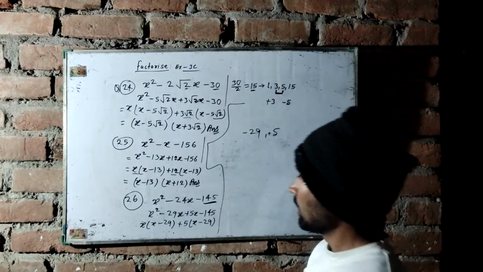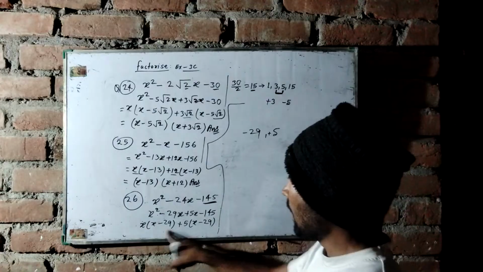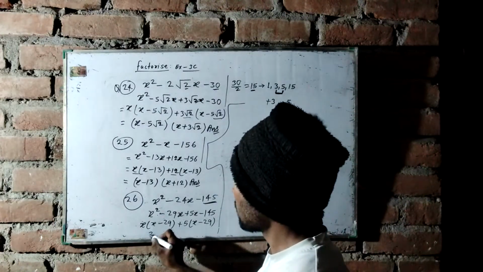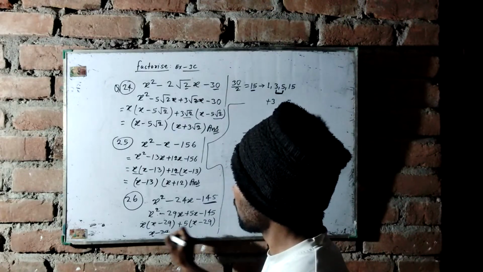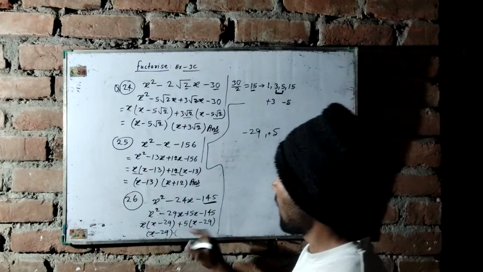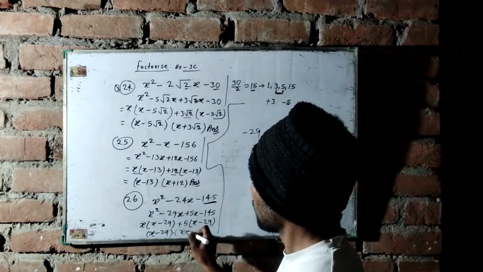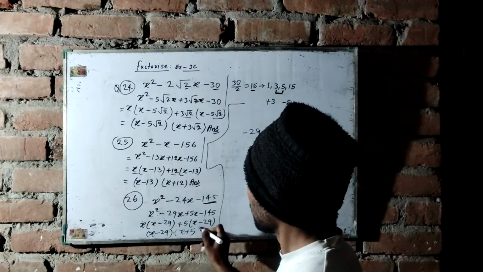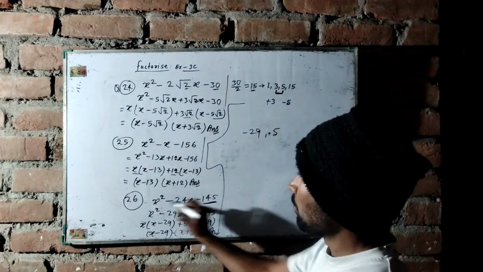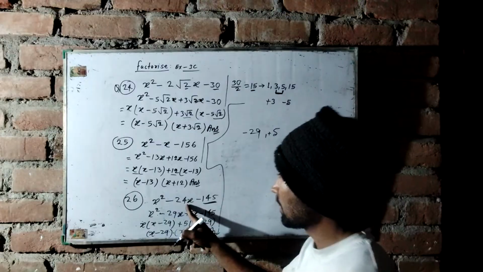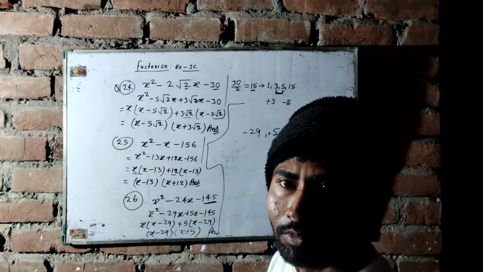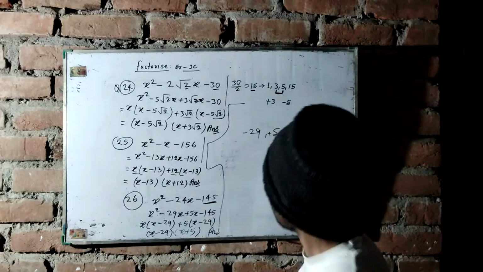Now you can see x minus 29 is present in both terms, so we can take x minus 29 as a common and write x plus 5 as a multiple. So these are the two required factors of this polynomial x squared minus 24x minus 145. Now let's go ahead to the next questions.